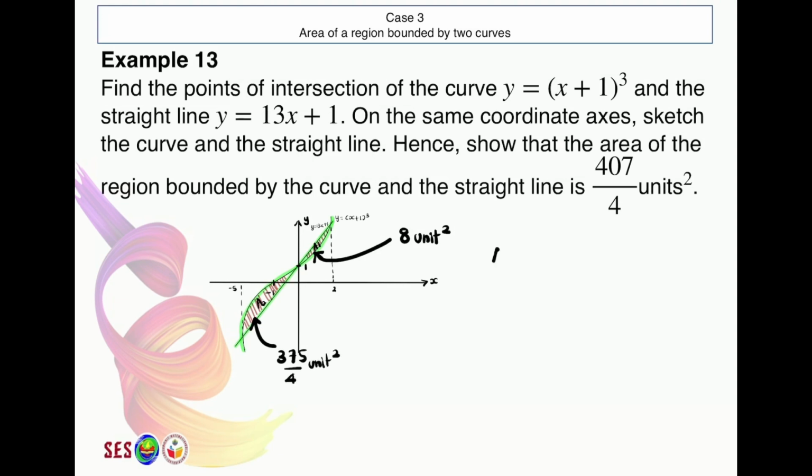So the total area is going to be area 1 plus area 2, 8 units squared plus 375 over 4 units squared, and this gives you 407 over 4 units squared. And that's it, we have already shown.